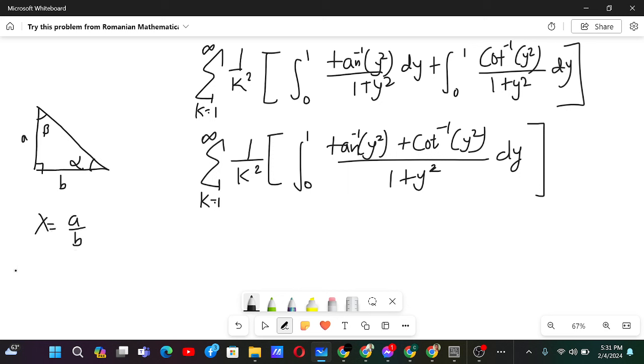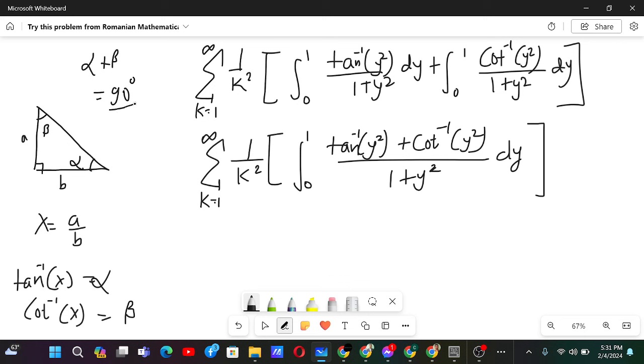Then tan of alpha is a by b, and cot of beta is a by b. So tan inverse x is alpha, and cot inverse x is beta. If we add both of them, you will just get alpha plus beta, which is 90 degrees. That's why this is pi by 2.